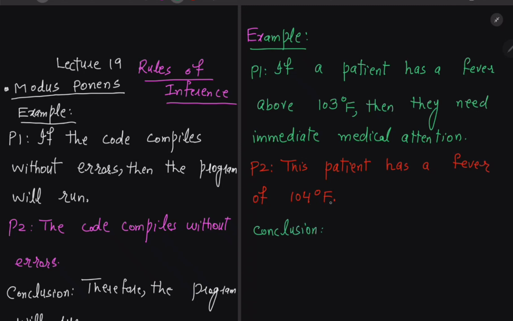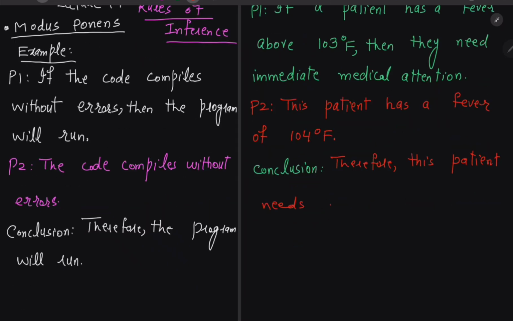If the patient has a temperature above 103 degrees, then premise 1 says they need immediate medical attention. So the conclusion is, therefore, this patient needs immediate medical attention.